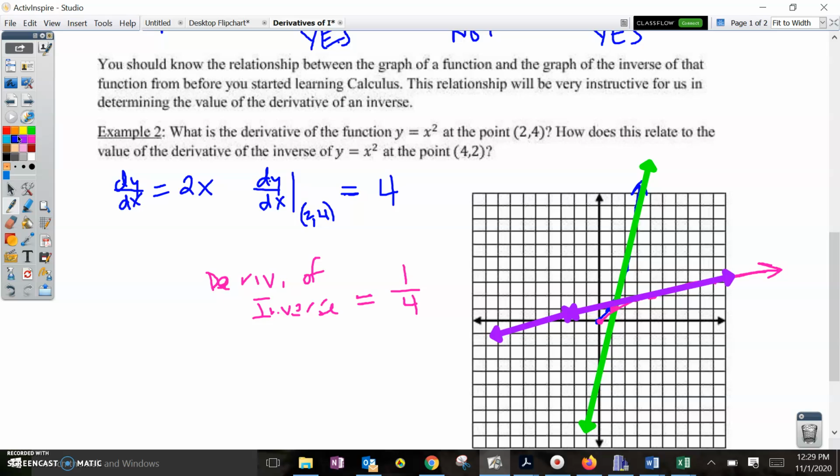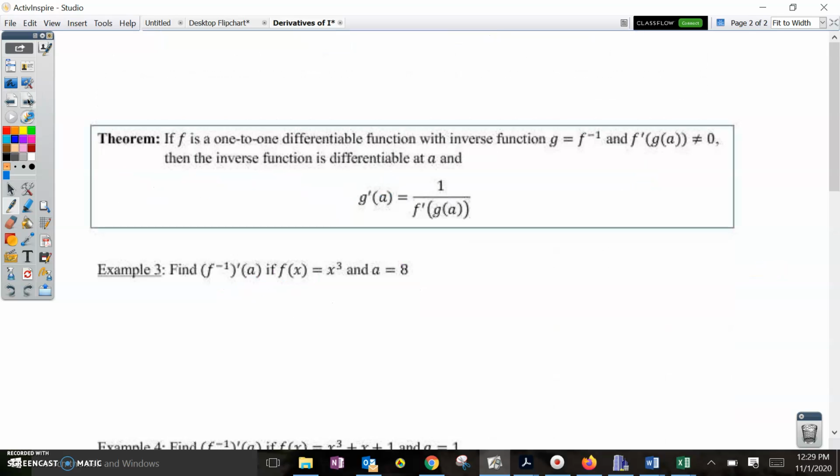Alright, let's go over to the next page where we introduce our theorem. If f is a one-to-one differentiable function with inverse function g equals f inverse, and f prime of g of a is not equal to 0, in other words, it's not a 0 slope there, then the inverse function is differentiable at a, and g prime of a is equal to 1 over f prime of g of a.